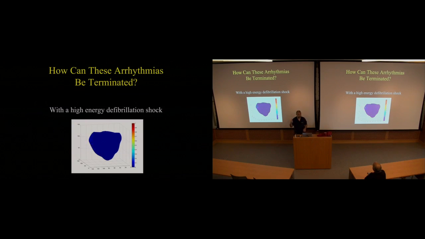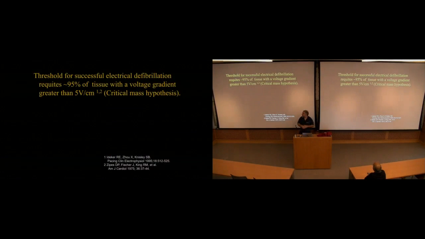So in order to do that in a heart, whether it's internal or external, you have to go through all the cells. You have to put an electric field that's strong enough to excite all of them. It turns out that you require about 5 volts per centimeter to excite cells.